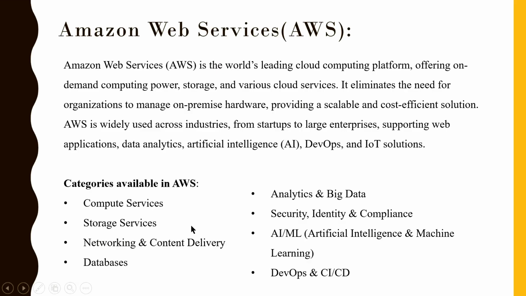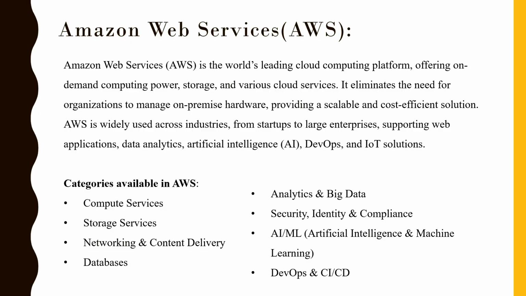We can choose these databases as per the requirement. We have a few free tier services in RDS, which I'm going to explain in depth in the upcoming hands-on sessions. These databases and a few other AWS services that I'm going to explain will be covered in the free tier category.